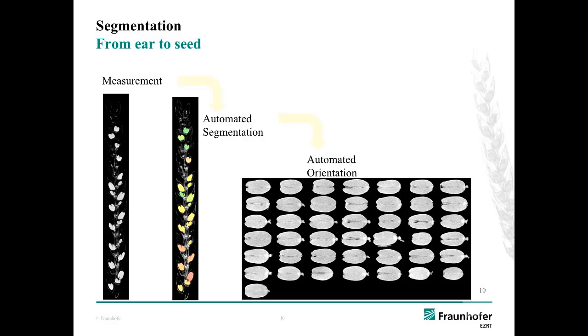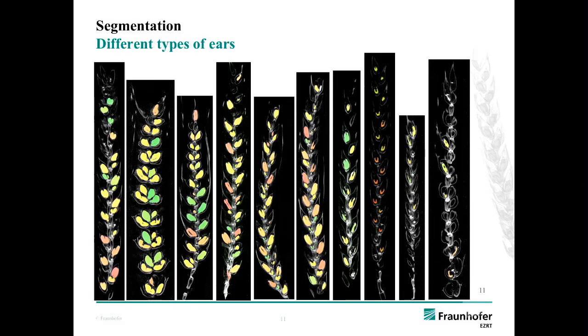To give you an overview what the algorithm can do and what different types of ears it can measure, we measured 290 ears, and here are some examples of different sizes and shapes. So you see on the left-hand side the more fully developed seeds, and on the right-hand side they're getting worse in development.